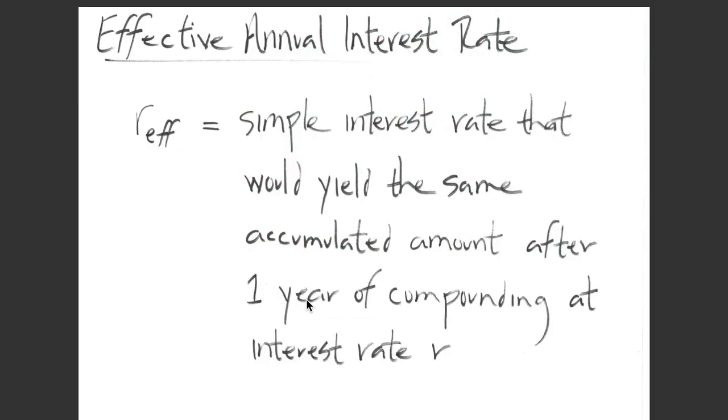There's a related concept here called the effective annual interest rate. The effective annual interest rate is the simple interest rate that would yield the same accumulated amount after 1 year of compounding at the given rate of R. Sometimes, like on your credit card statement, you may find something called the annual yield or the effective rate.